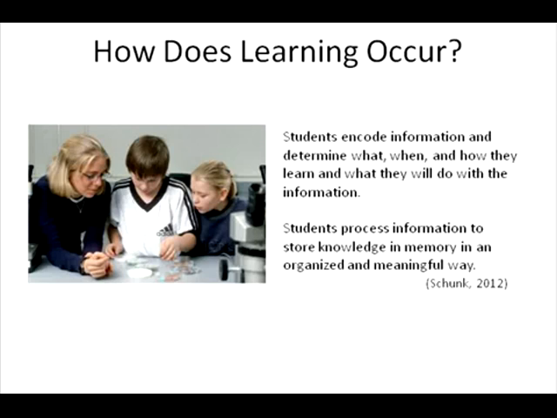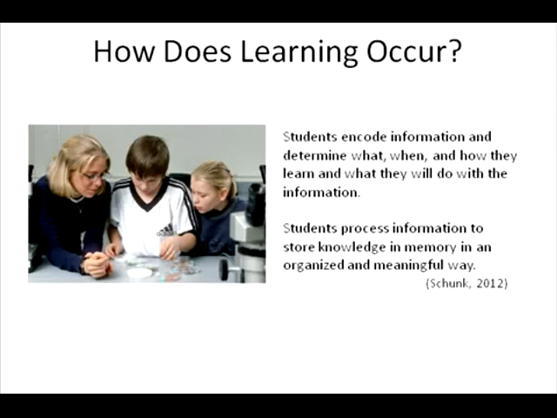One of the things that we thought we would do is frame our discussion around several initial introductory points, the first of which is, how does learning occur? As you think about learning, you need to think about how the student encodes that message that you gave them, and how the student determines what, when, and how he or she is going to get that information in order for that to become learning.